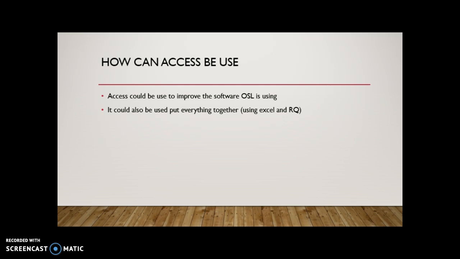As I said, they could add some little things, or we could only use Access since it's almost the same thing, but with, I think, better tools. It could also be used to put everything together, because right now, if we have extra notes to put, we need to put them into Excel and then we put the Excel into RQ instead of doing it all in RQ.